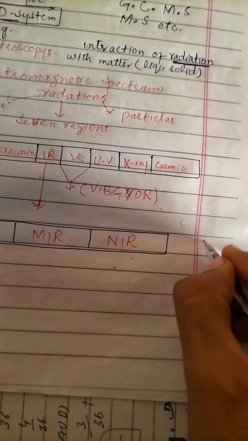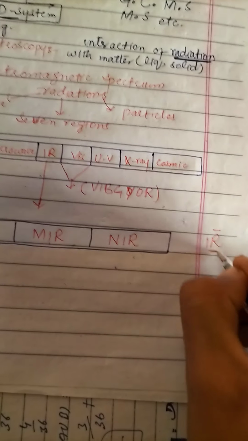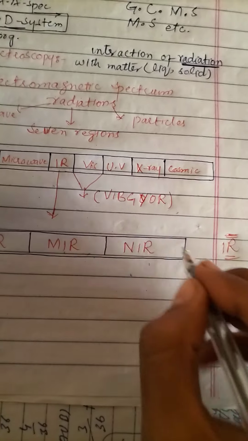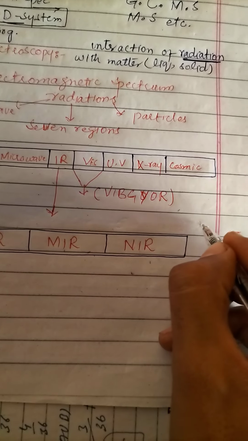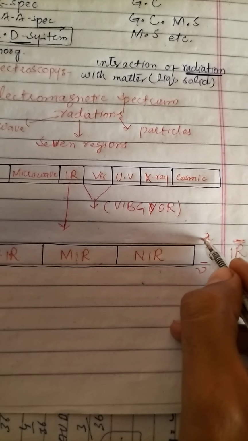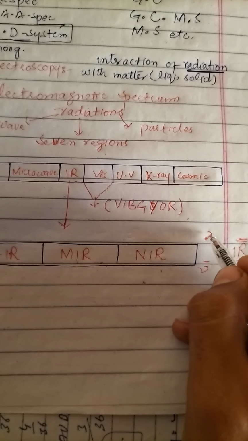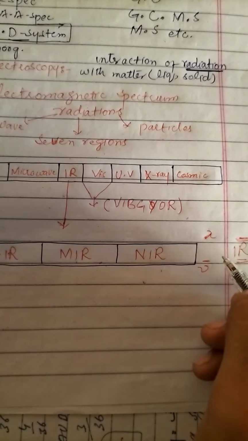This IR region has two properties, dual nature: wavelength as well as wave number. Wavelength explains the wave property of the IR radiations, and wave number explains the particle nature of the IR radiations.